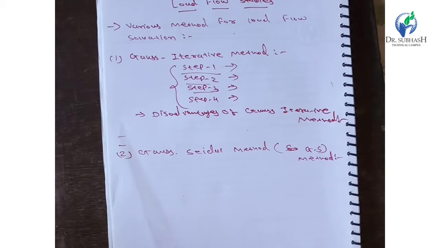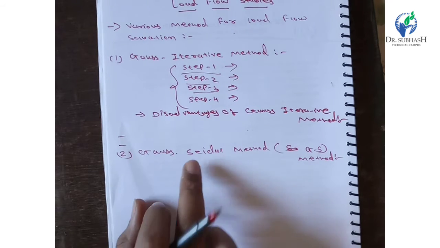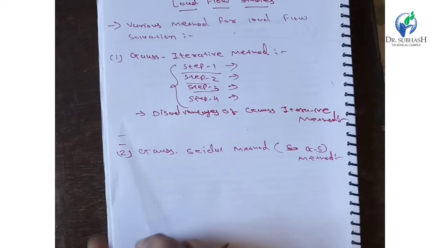The GS method is suitable for power flow studies of a small power system, and it solves the load flow problem. By using this method, we should consider two cases.